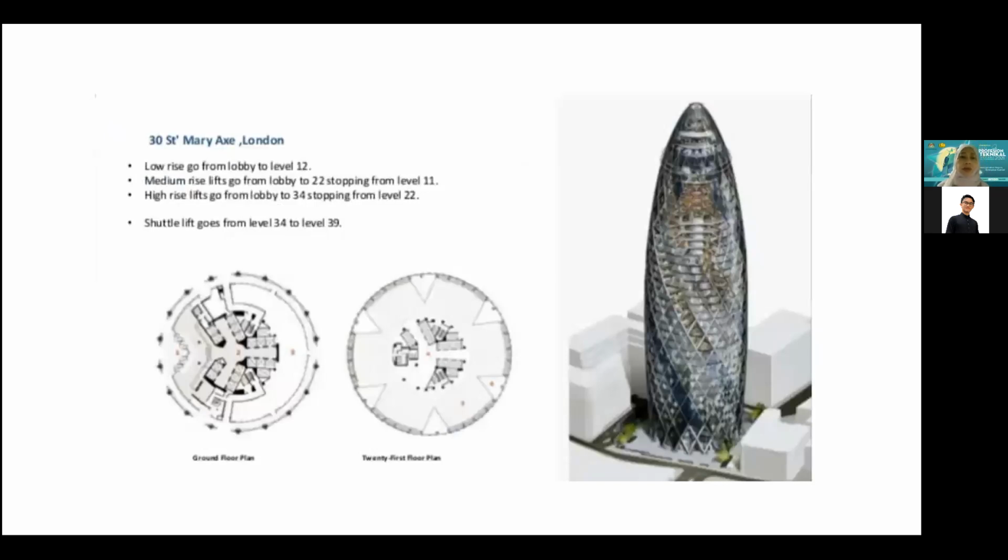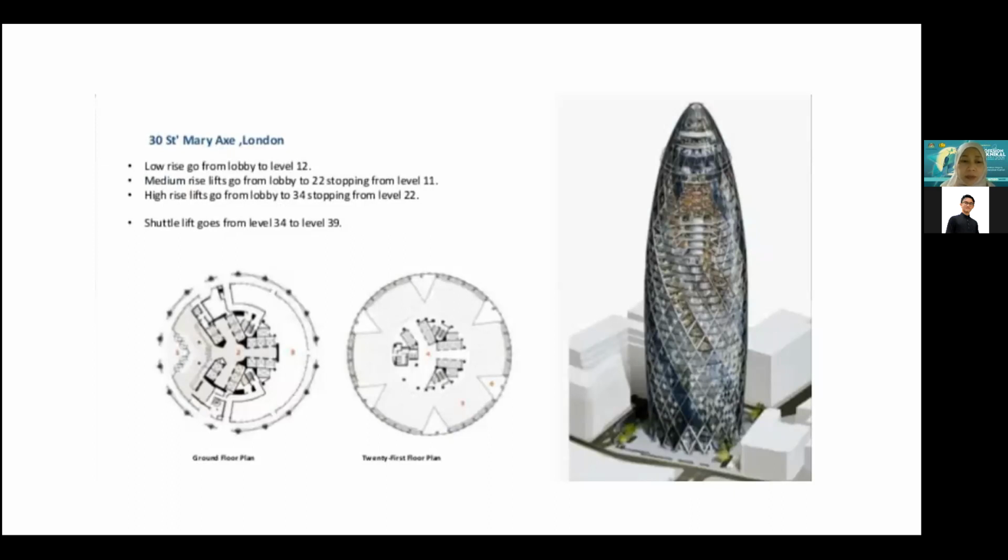And also the St. Mary Axe, 30 St. Mary Axe in London, the shuttle lift goes from level 1 to levels 34 to 39. They have a different kind of lift lobby. In the central core, all the core in the middle becomes the structure of the building.